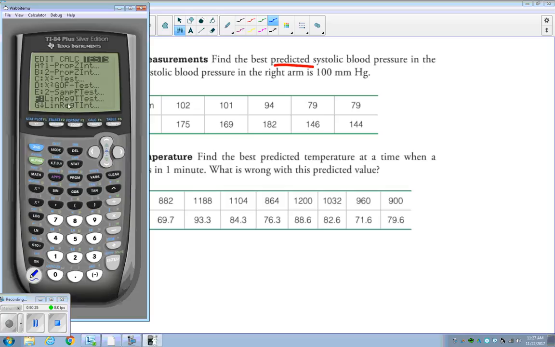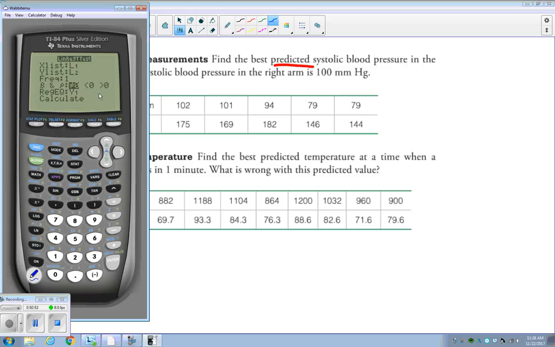Once I'm on linear regression t-test, I'm going to hit enter. Once you have that in, it should stay in your calculator. That's why you always use L1, L2, and L3 the way we're saying, then you don't have to change these things. So my X list is L1, my Y list is L2, my frequency is 1, everything is there, and since I've already put my regression equation into Y1, it's still there. I don't have to redo that.